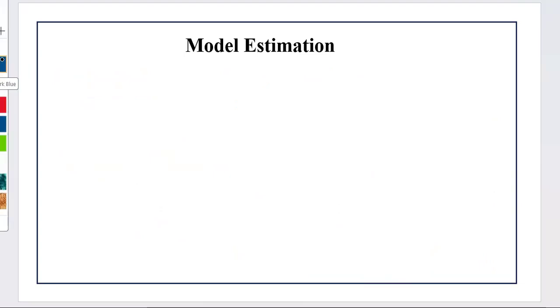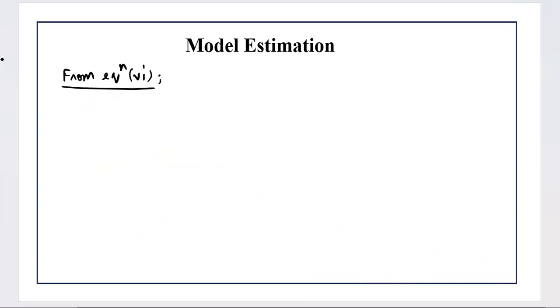So it will be from equation 6. From equation 6, we will have summation i from 1 to n yi x3i. Then substitute y bar, beta 2 cap x2 bar, beta 3 cap x3 bar.